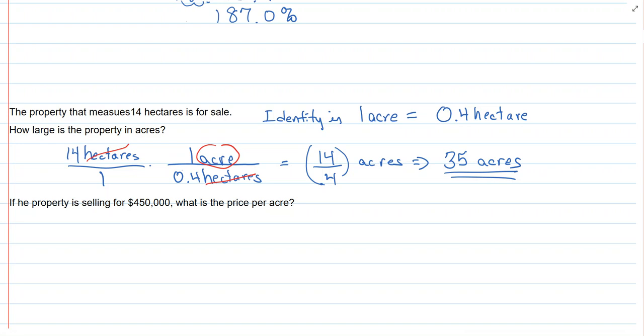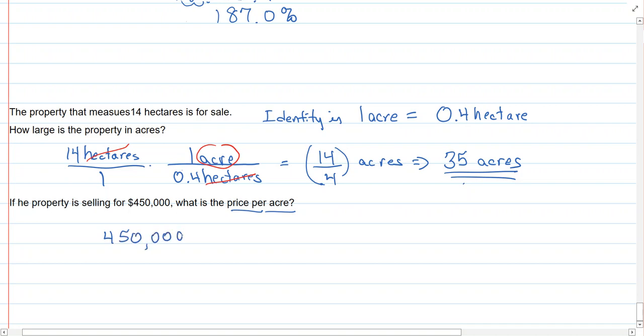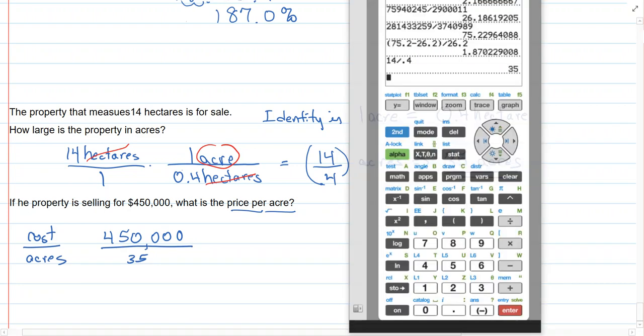All right, so now they want to sell the property for $450,000. What is the price per acre? Well, we have 35 acres. So 450,000, cost divided by acres. So now I'm going to use my calculator.